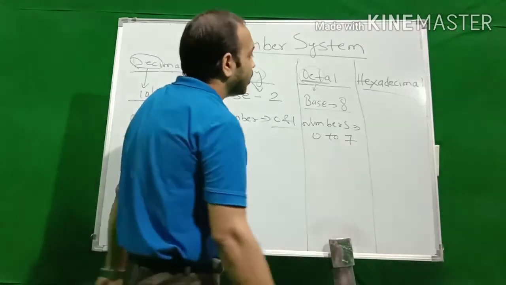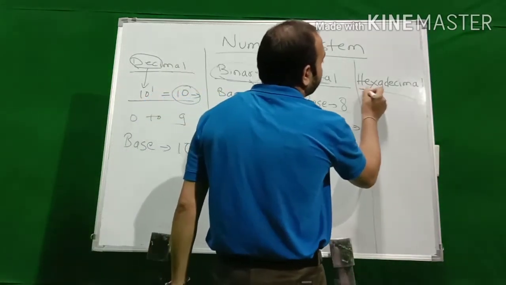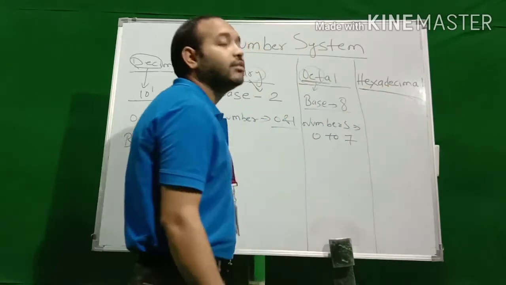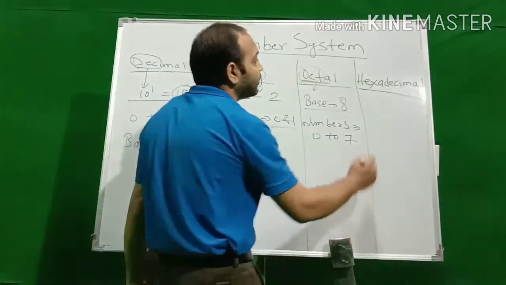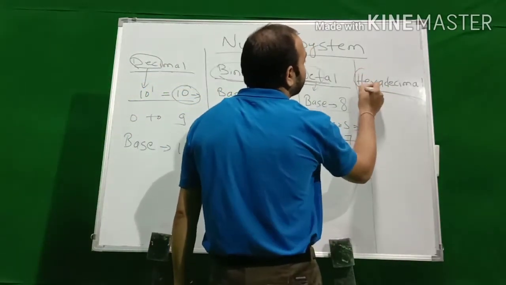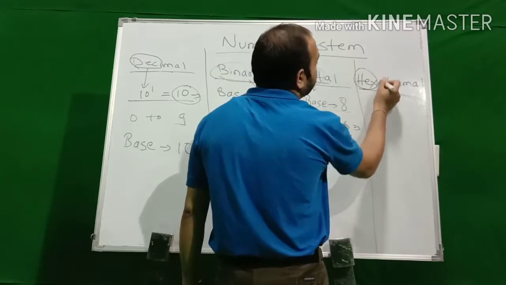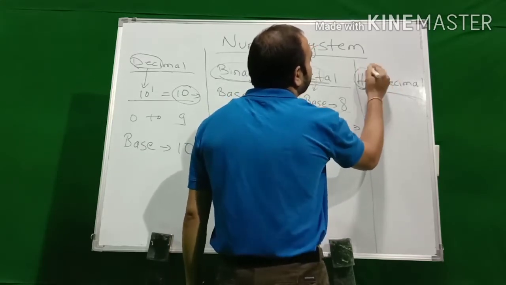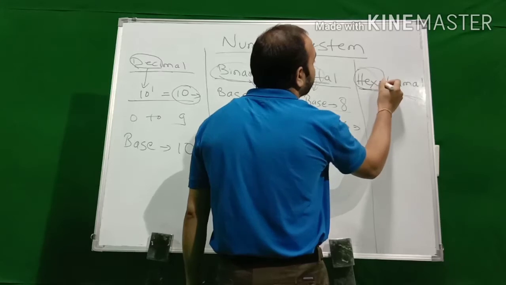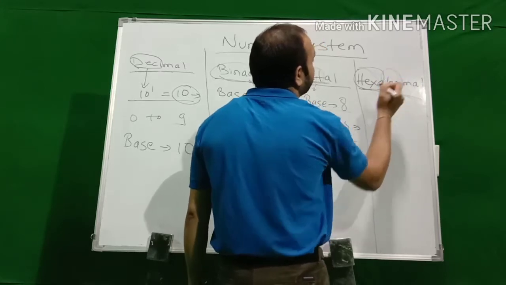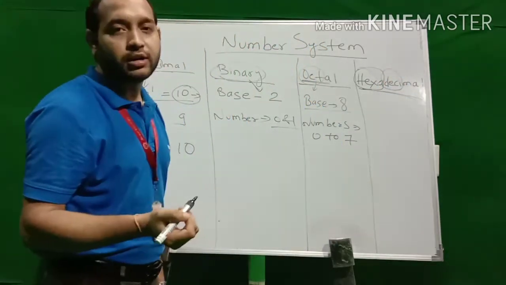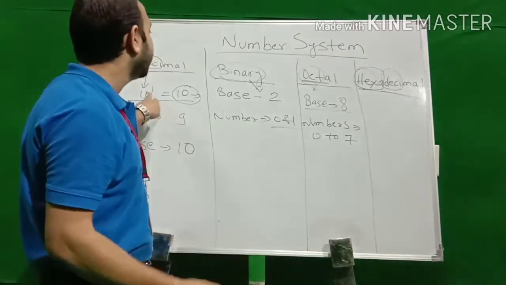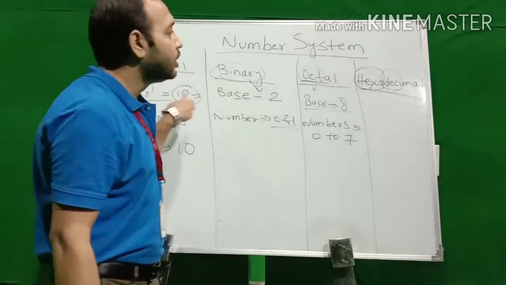Now similarly, the hexadecimal number system. Hexadecimal means what? You can see two words: the first word is hexa, and then deci. I have already told you deci means 10.